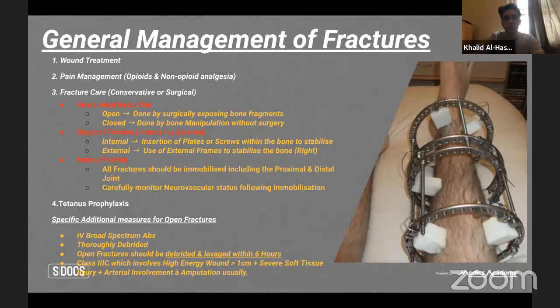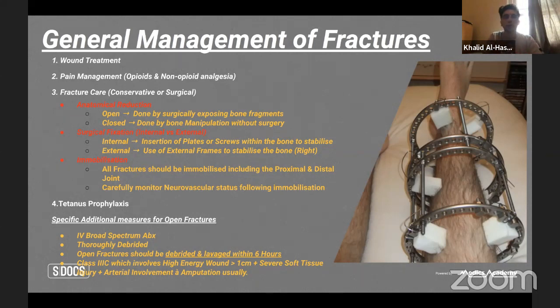So fracture care. It's conservative or surgical. Generally what we tend to find is that there are three stages for fracture care. The two key stages are anatomical reduction and surgical fixation. Reduction is the process in which we bring the two fragments, or the two pieces of bone, back closer together. This can either be done in an open manner or a closed manner.